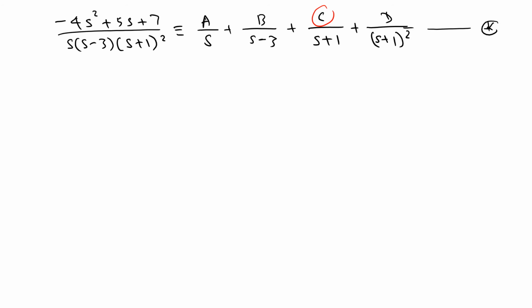What we're going to do is first find A. To find A, this is the term, that means we're going to cover up the s term. So just ignore the s term and substitute for everything else. What are you going to substitute? You're going to substitute s equals 0, because that's going to make that term 0.